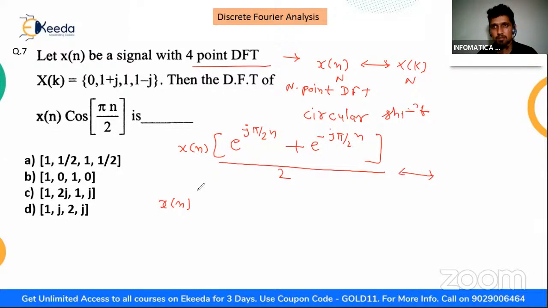So this is basically e to the power j 2 pi by 4, this is N, 4-point DFT, N-point DFT, multiplied by n.